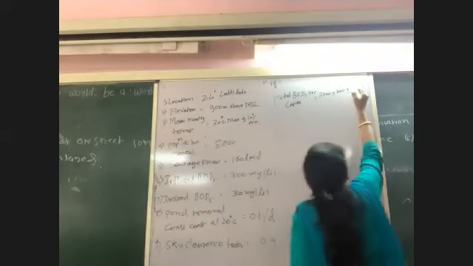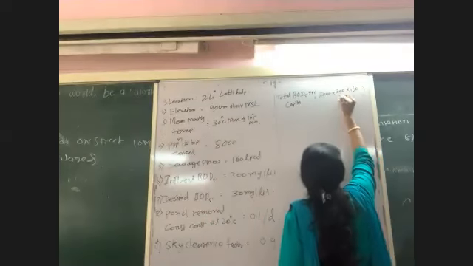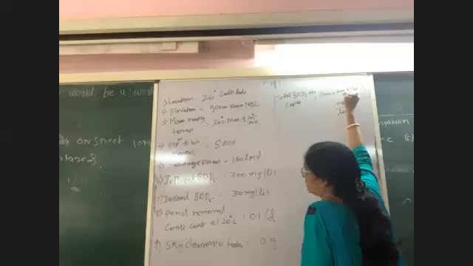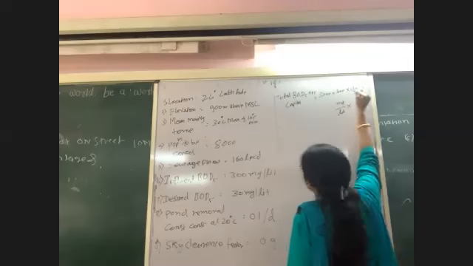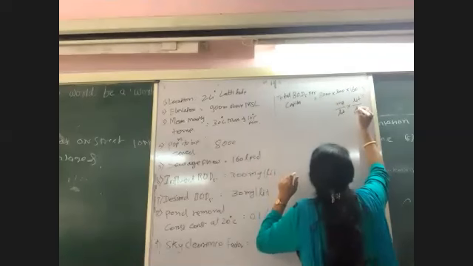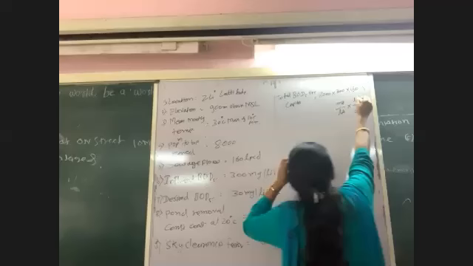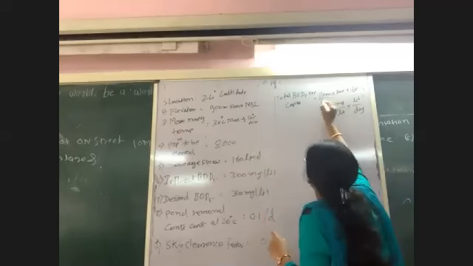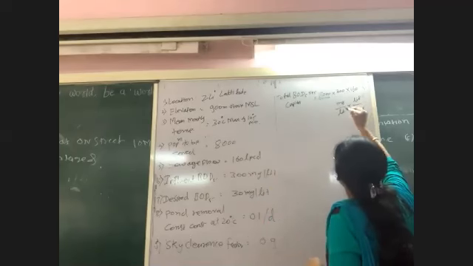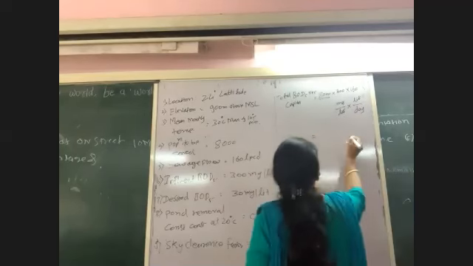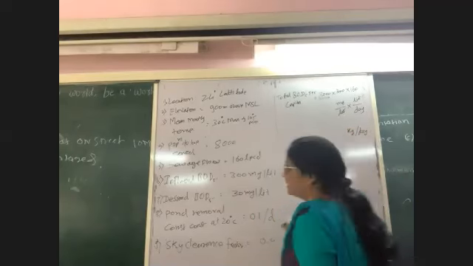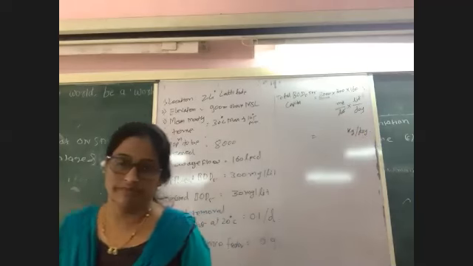It is 160 liter per capita per day. So capita will get lost now because we have multiplied by the population. Then liter gets cancelled. Then tell me the answer in kg per day.